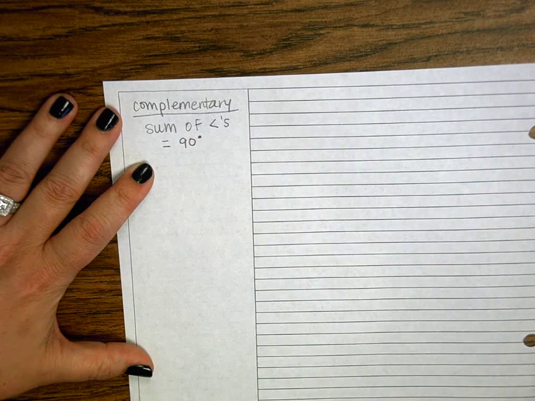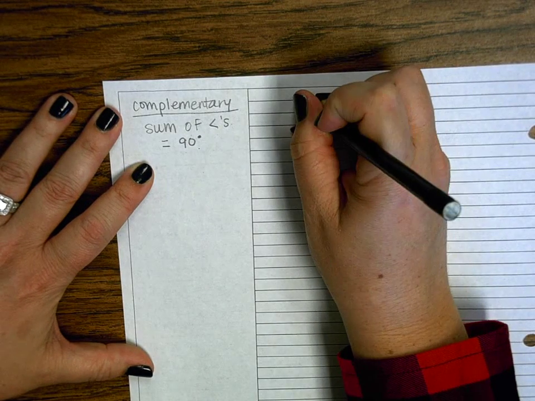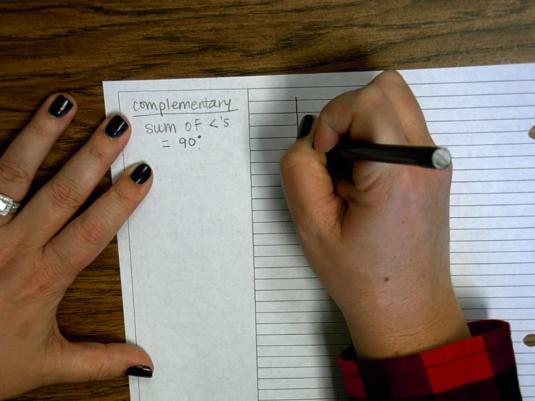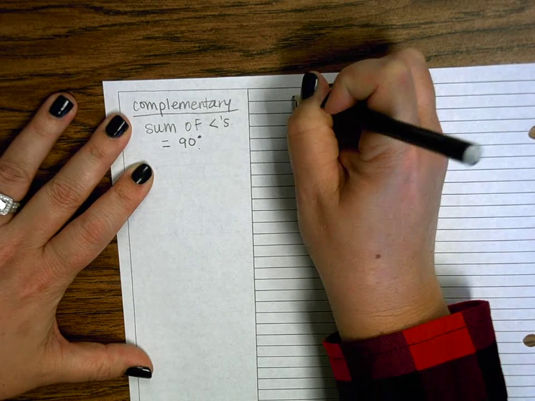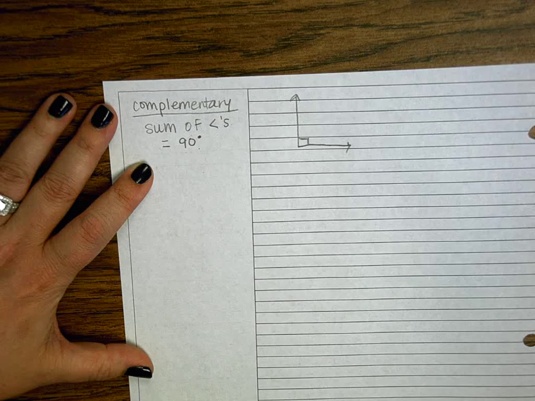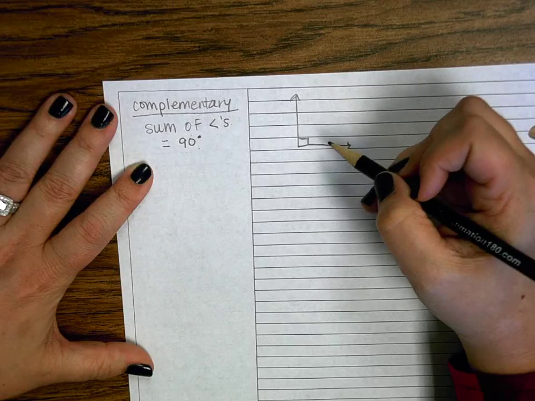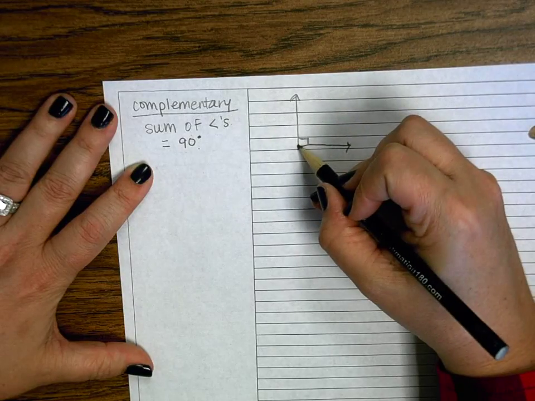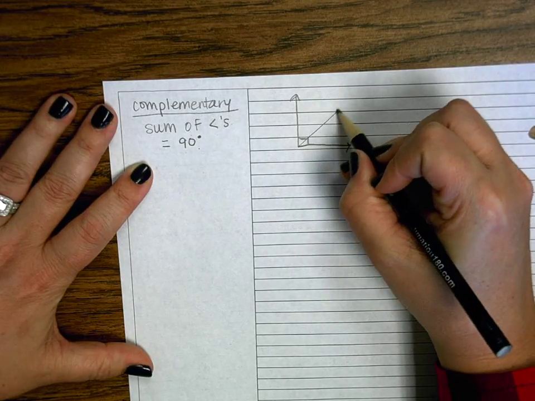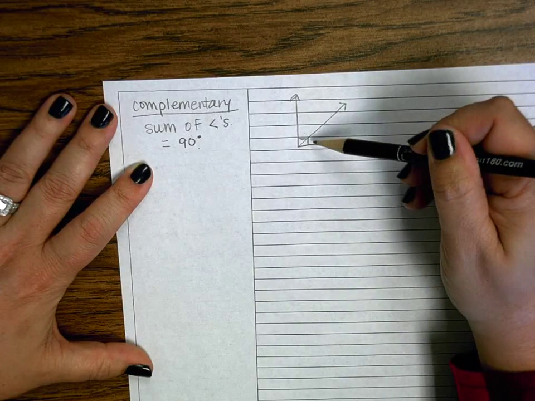Complementary means the sum of the angles is equal to 90 degrees, and I'm going to draw a picture for you. Lots of pictures. This is a right angle. I can separate this right angle. Let's just start with 2 angles, so I'll draw a bisecting line here. These 2 angles now that I've created have to add up to 90, right?